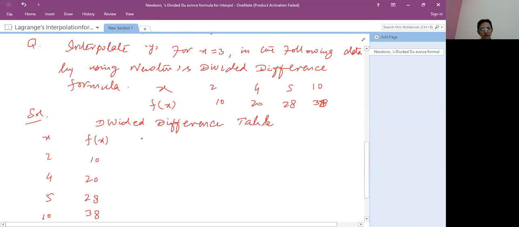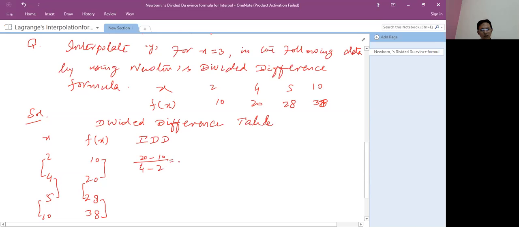Now, student, in the first divided difference, it means 20 minus 10 whole divided by 4 minus 2.